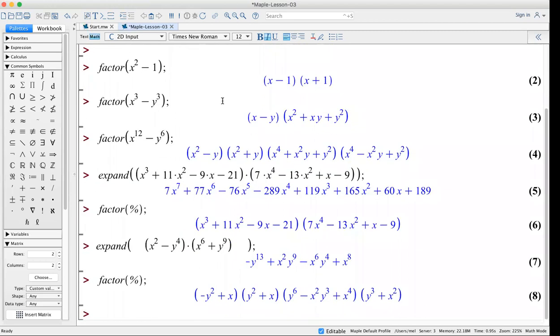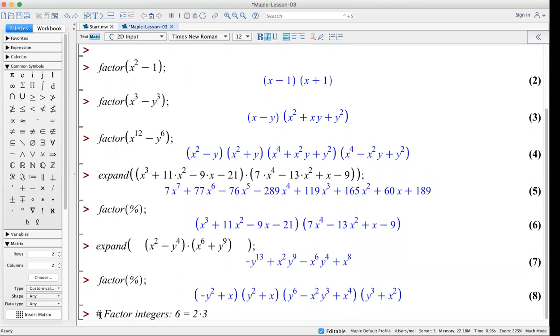Now, you might say, what about factoring a number? You can also factor integers. So that means if you take, for example, the number 6, when you factor it, you get 2 times 3.